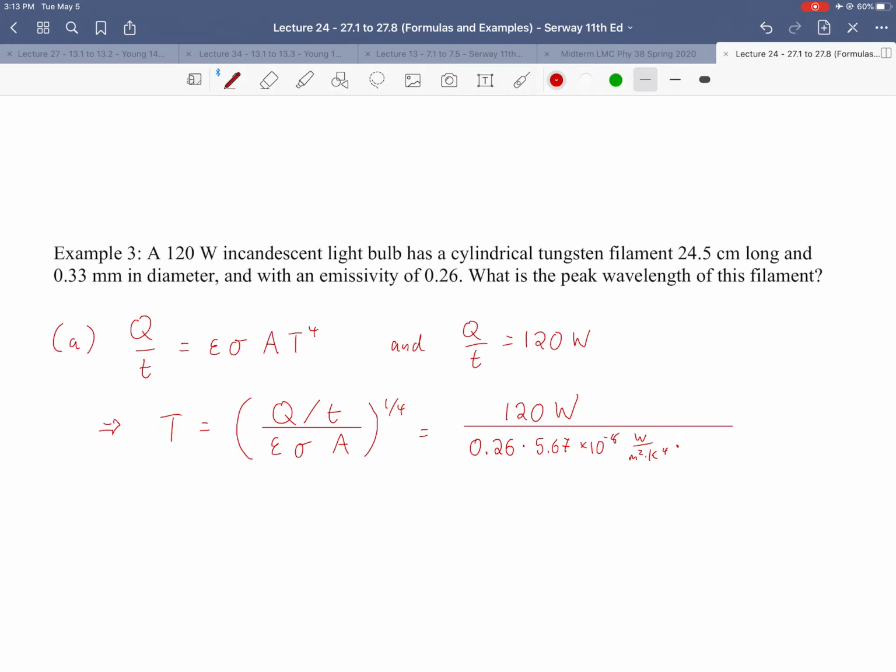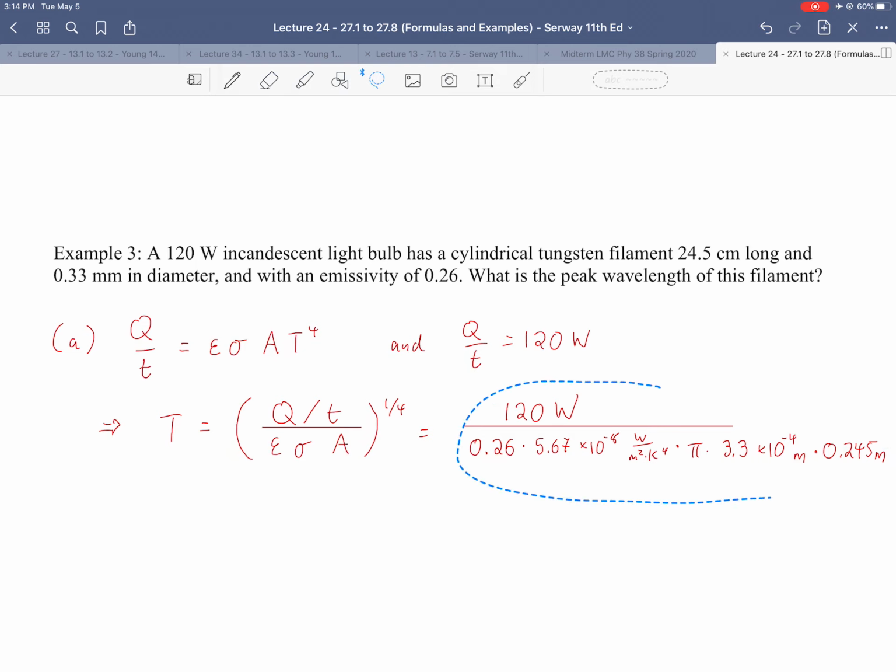So I'll go ahead and put that value in. It would be pi times the diameter, 3.3 times 10 to the negative 4, just converted over to meters, and then times the length of 24.5 centimeters, so 0.245 meters.